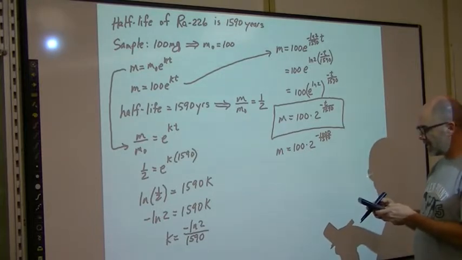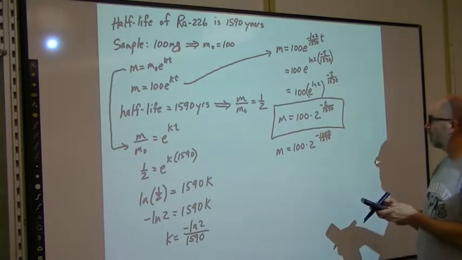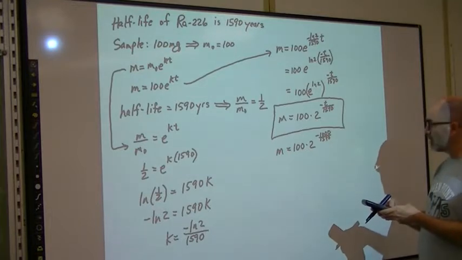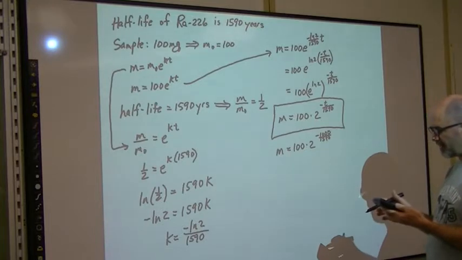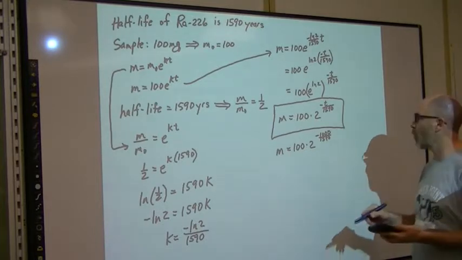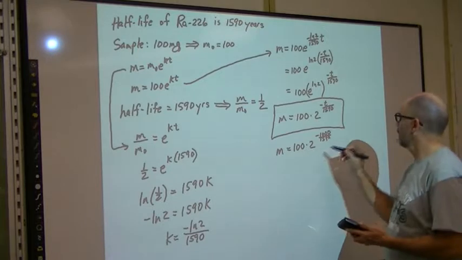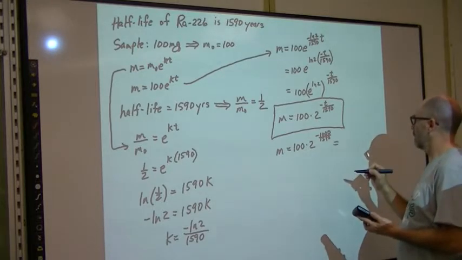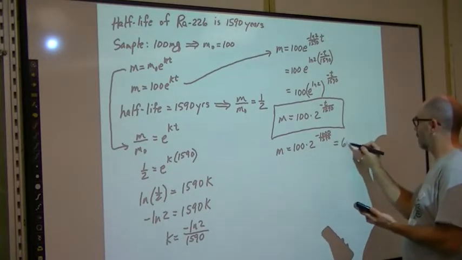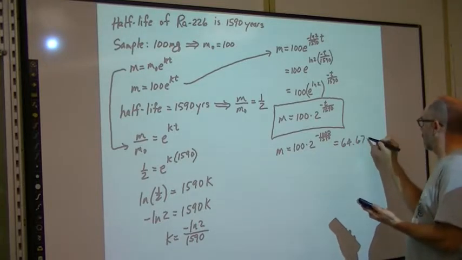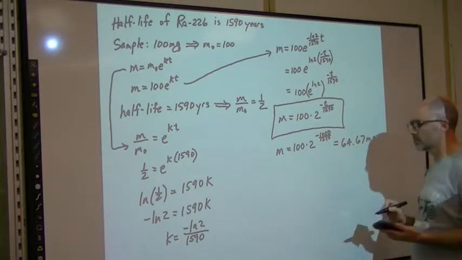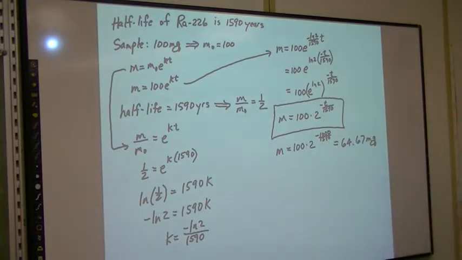So 2 to the negative 0.62, and then multiply by 100, and I end up with 64.6655474644 milligrams. So the mass after 1,000 years is going to be 64.67 milligrams.